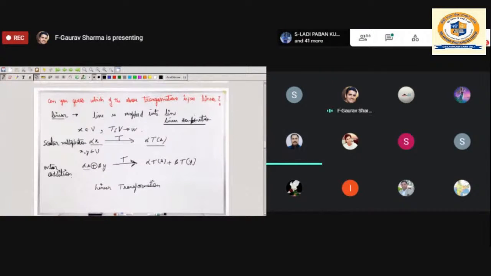Okay, so here what I said, whenever we say linearity, it gives us an idea that a line is mapped into a line. Whenever a line is mapped into a line, that transformation will be linear, right?